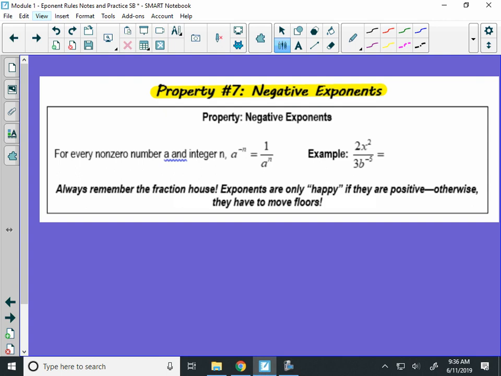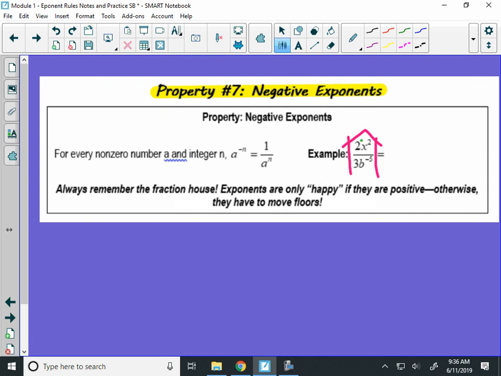For example, I'm going to do my fraction house here with this guy. In your fraction house, you have a top floor and a basement, the numerator and the denominator. And you have these values, 2, x squared, 3, and the b. They're happy only when they have a positive exponent. If you have a negative exponent, the values aren't happy.